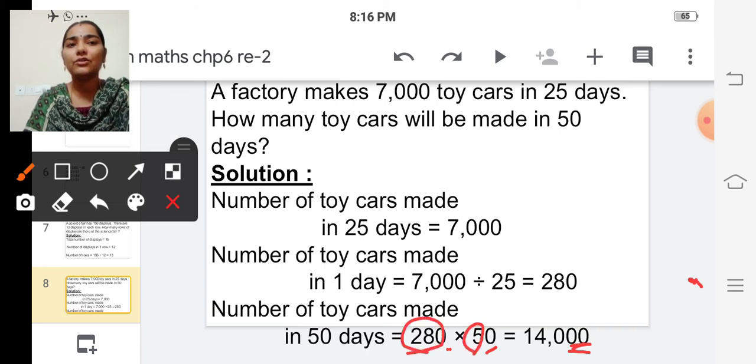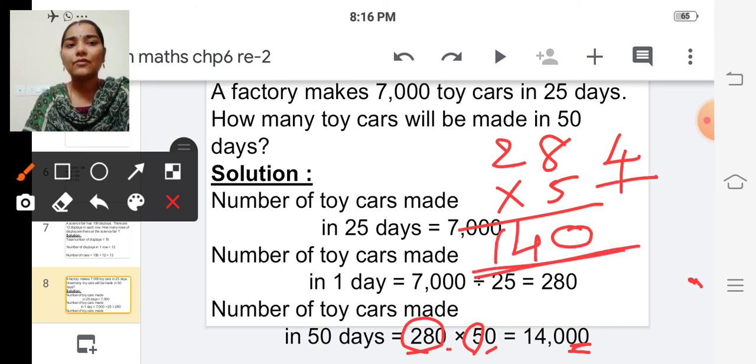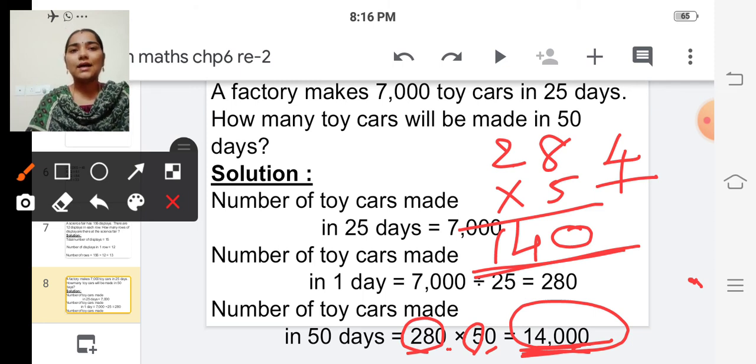That is 28 into 5. 8 5s are 40. Remaining 4. And 5 2s are 10. 10 plus 4 is 14. So we have to write this 14 before these 2 zeros. So in 50 days, how many toy cars they will make? They will make 14,000 toy cars in 50 days.